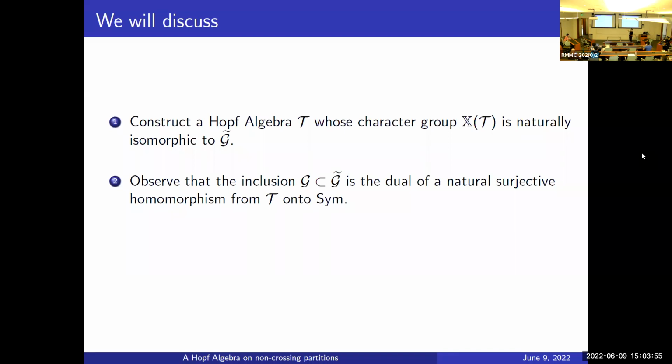We are going to see this from the perspective of Hopf algebras by explaining a surjective homomorphism from the Hopf algebra that I'm going to build to the Hopf algebra that Andu mentioned earlier today. And at the end, I will mention some ongoing and future work that I'm doing on this.